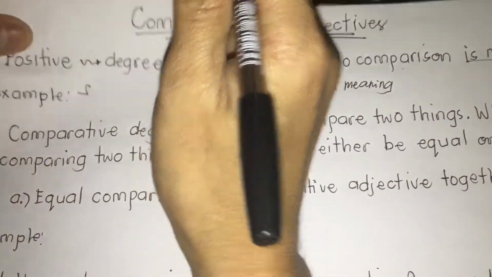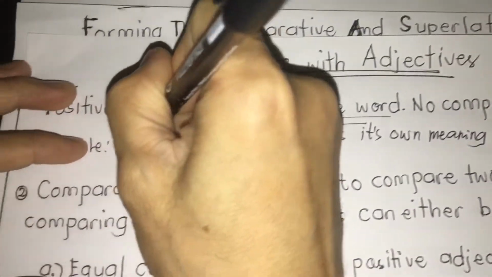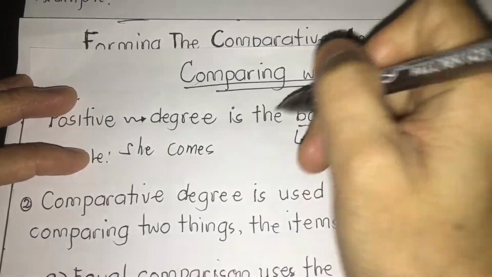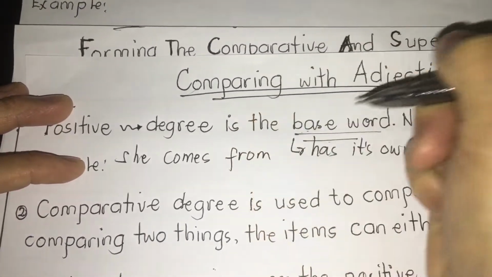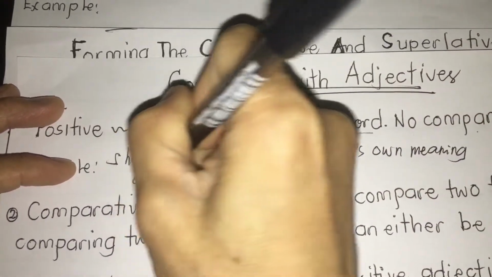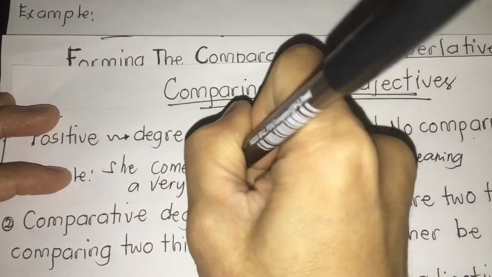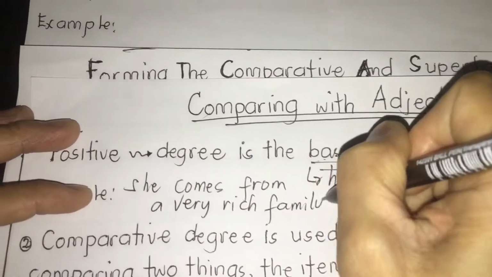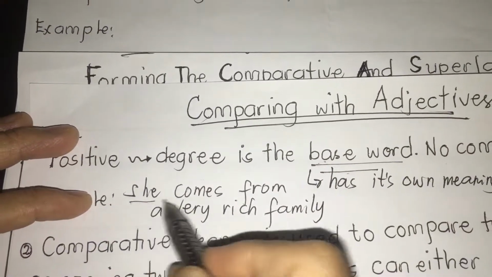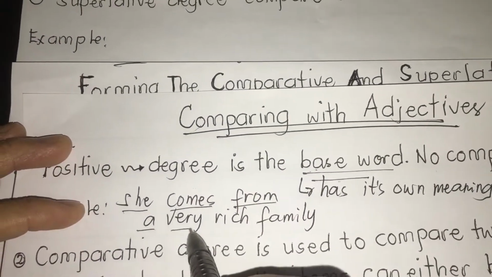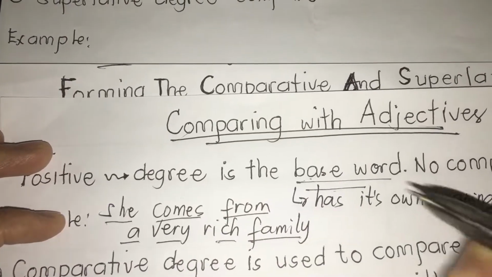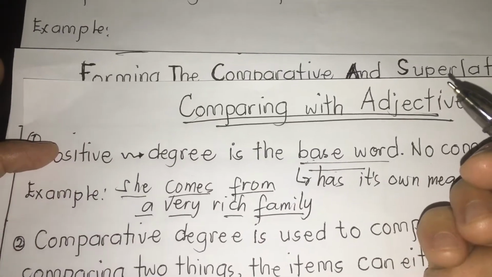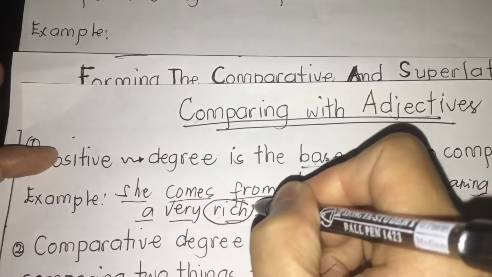She comes from a very rich family. In our sentence, the positive adjective here is the word rich.